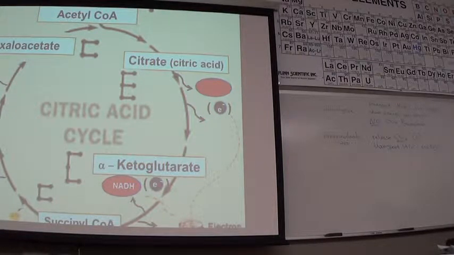So each acetyl group, as it passes through the cycle, is going to result in the loss of 2 carbons. So by the time the citric acid cycle is completed for both acetyl groups, we now have produced all the carbon dioxide from our glucose. 6 molecules of carbon dioxide. And when we finish, we're back to our starting product, which is our starting process again.